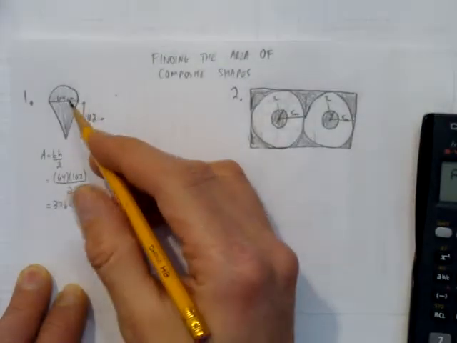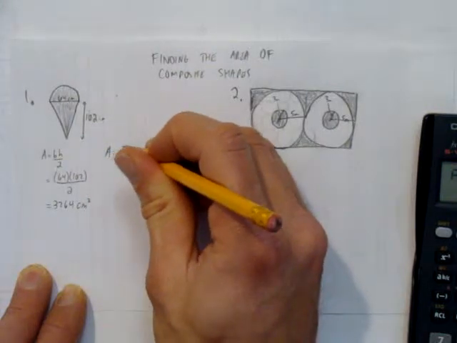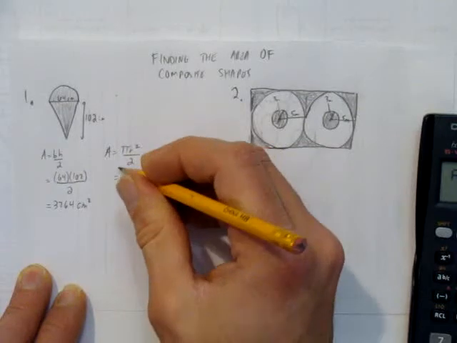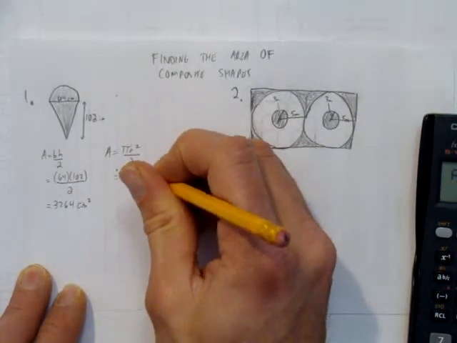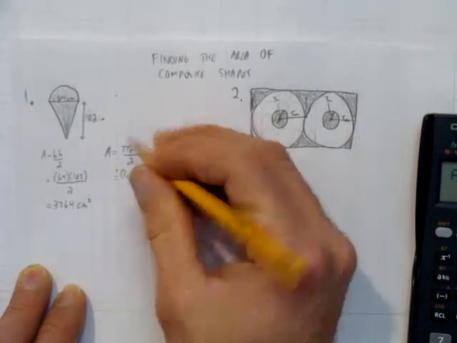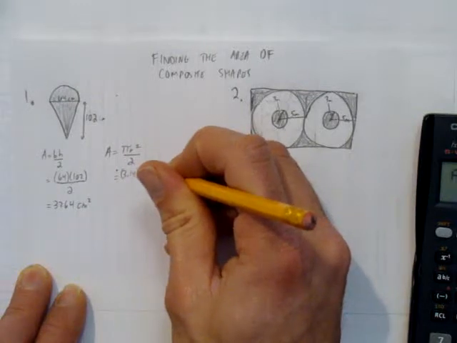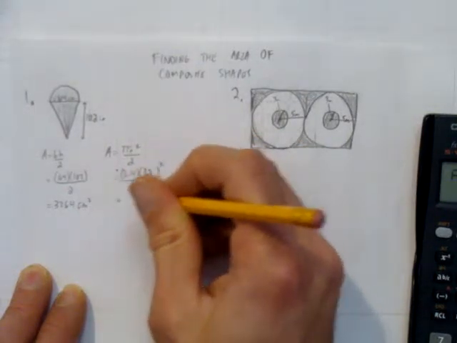We also have to calculate the area of half this circle. Well, the area of a circle is pi r squared, but it's only a half circle, so we divide by 2. So area equals approximately 3.14 for pi. The radius is half this diameter. Diameter is 64, so half of that is 32. We square it, divide by 2.